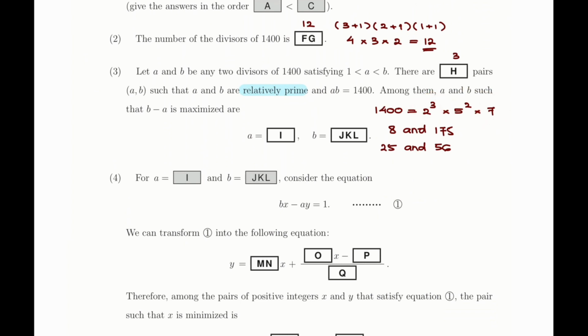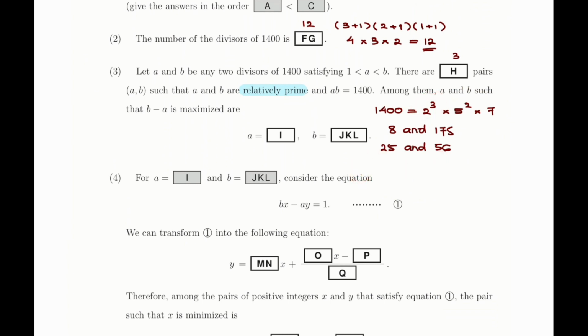You can imagine it using the same illustration that I gave you earlier. The divisors of 25 are only 1, 5, and 25, while the divisors of 56 are 2, 4, 8, 7, and 56. So its common divisor is 1.